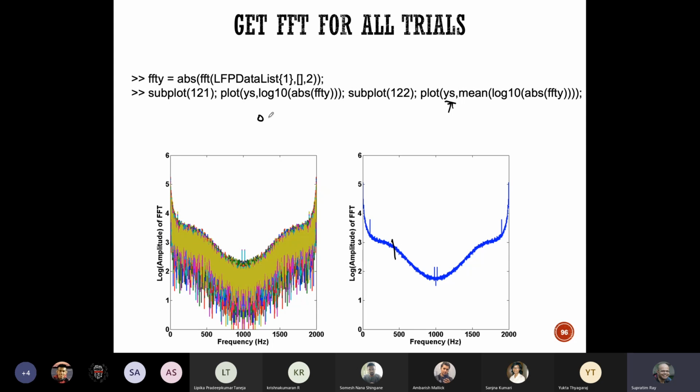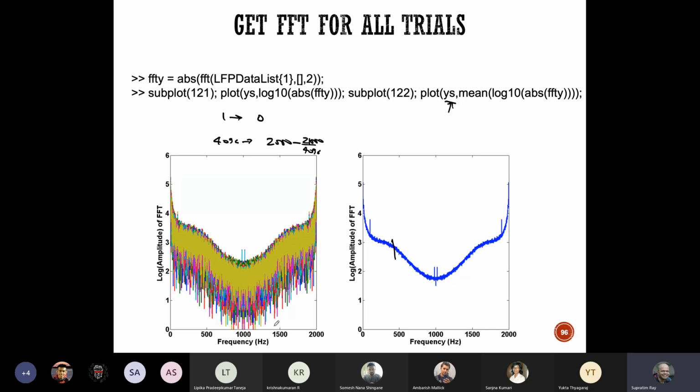The zeroth sample corresponds to a frequency of 0, and the last sample would correspond to about 2000. It's not exactly 2000, it's 2000 minus 2000 by 4096.